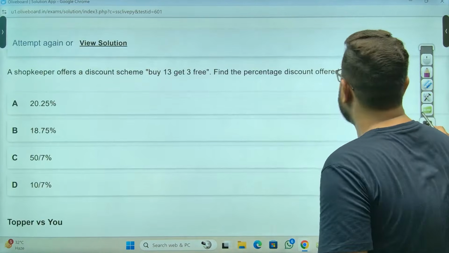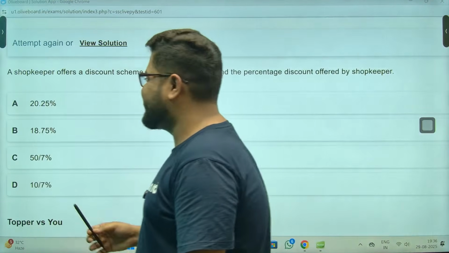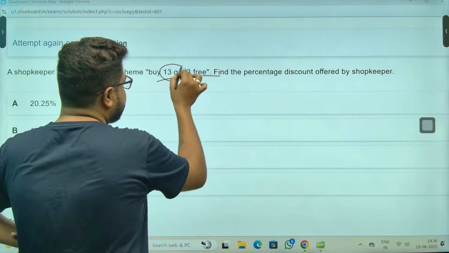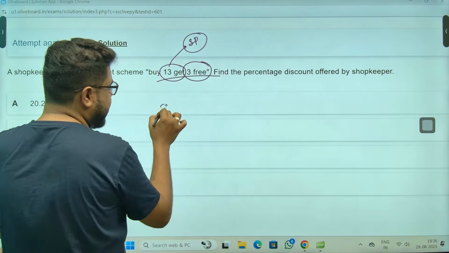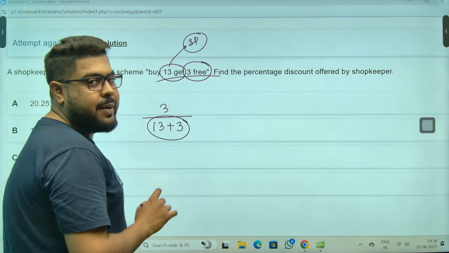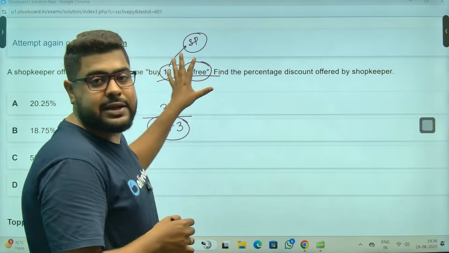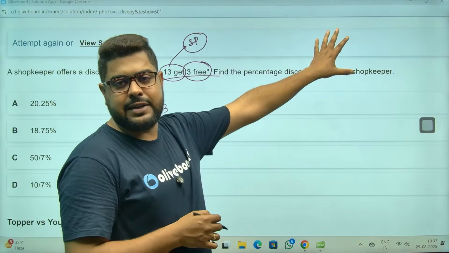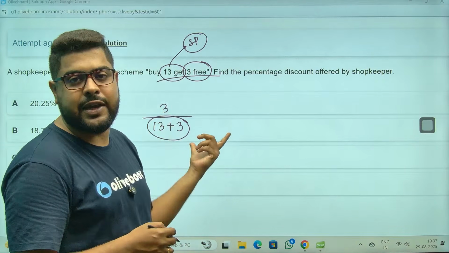Chalo. Shopkeeper offers buyers, again. You are paying for 13. This is SP. But you are getting 3 free. So MP is 13 plus 3. You are getting a total of 16. So paying for 13, but total MP is 16. So they are giving a discount of 3 items on 16 items.